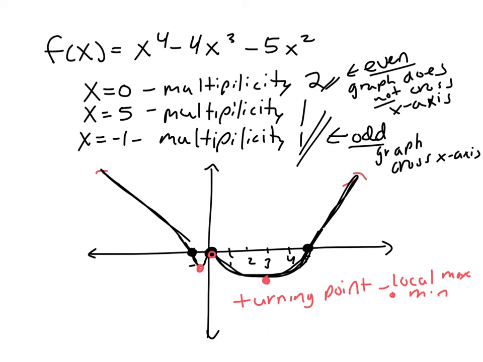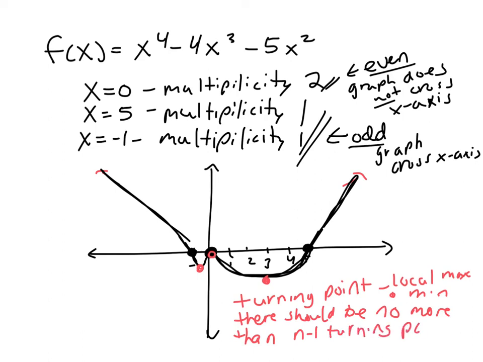Something about turning points you should always know is that if you graph a polynomial, there should be no more than n-1 turning points. You can check to make sure you didn't make a mistake, because if you have more than n-1 turning points, then you've made a mistake.